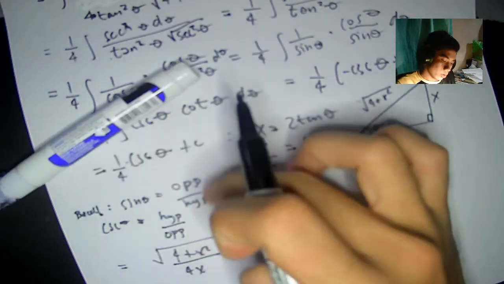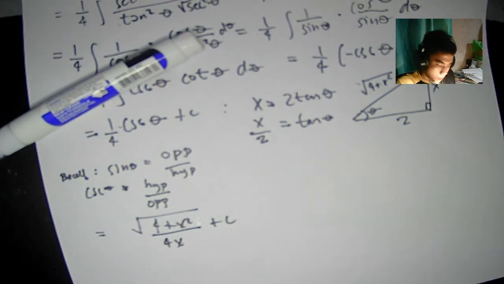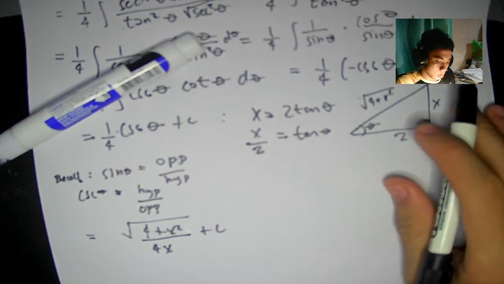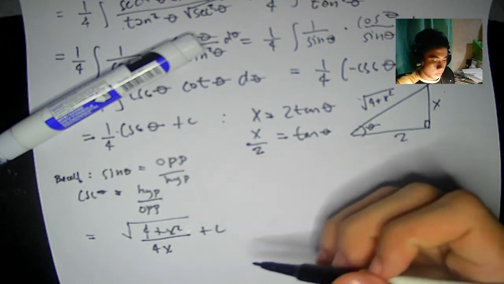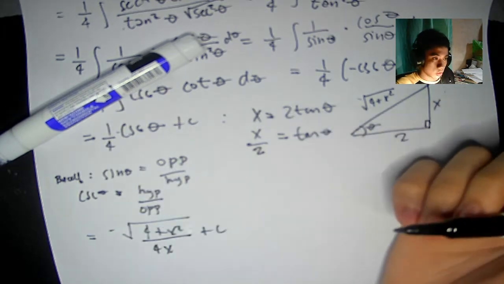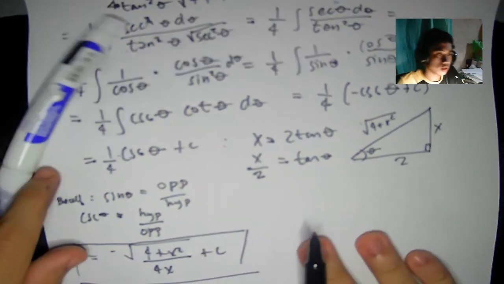If you ask me why this has 4x, it's because of 1/4. We put 1/4 below, so we'll have 4x. This is our final answer. I'm not really sure if it is negative here or not, but let's take it as negative.